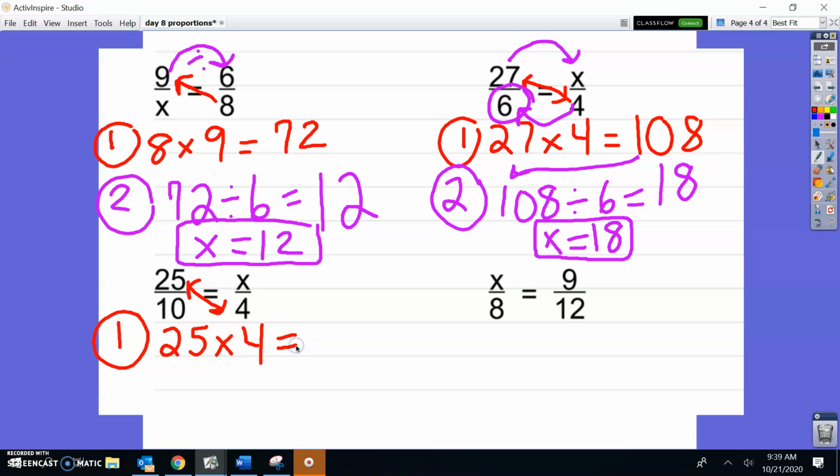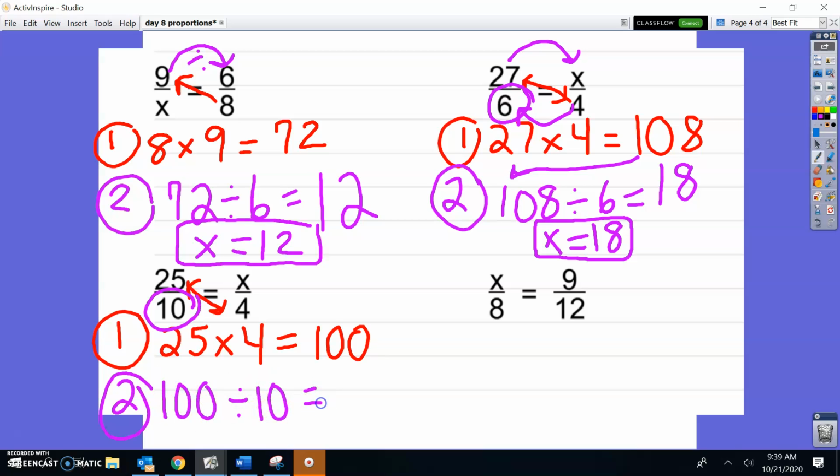And I know that 25 times 2 is 50, so I'm just going to double that, which is 100. My second step is to divide by my remaining number. My remaining number is 10, so I'm going to take 100 divided by 10, which equals 10. But I'm not done yet. I want to make sure I write x equals 10. Make sure you did that on yours as well. X equals 10.